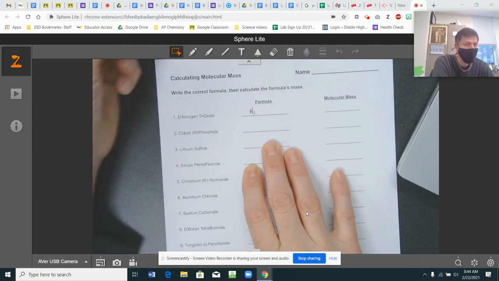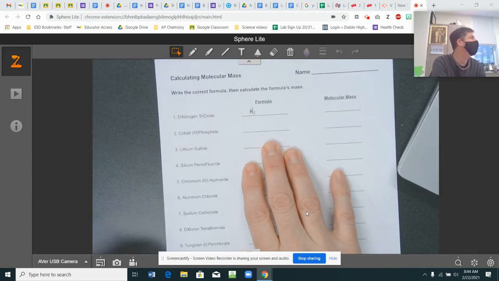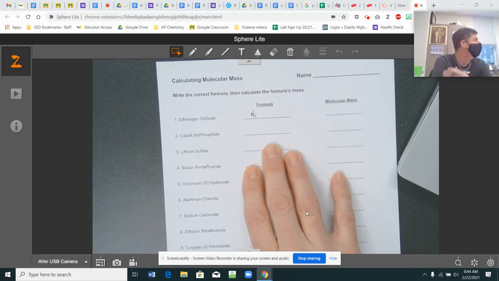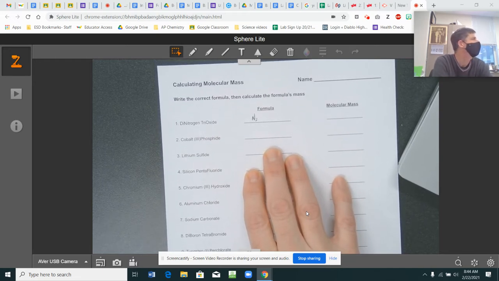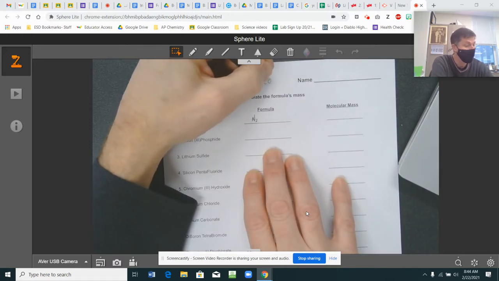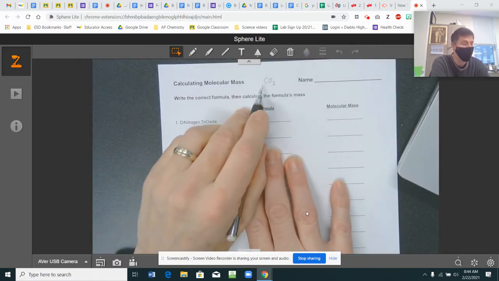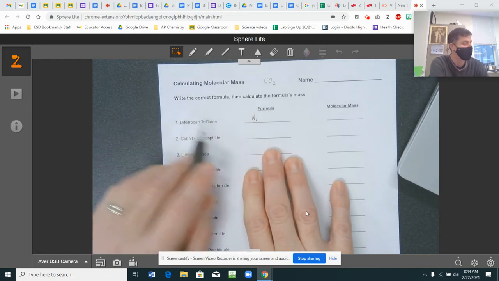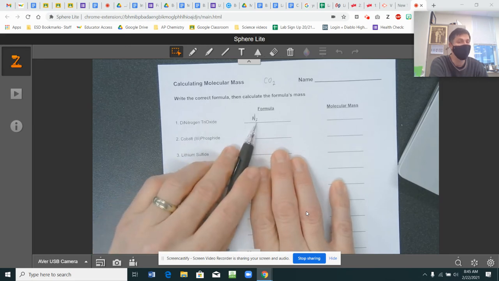And you guys already knew the answer to that because what's the formula for carbon dioxide? If I actually write it out, what would you write? CO2. You already knew the di went behind the oxygen. So dinitrogen means it's going to be N2.